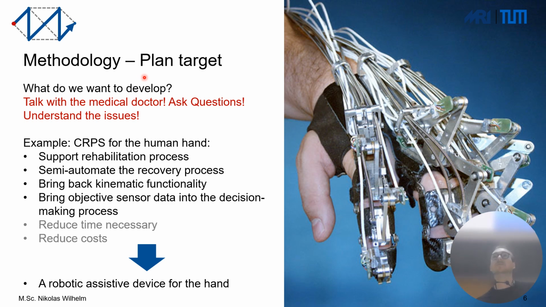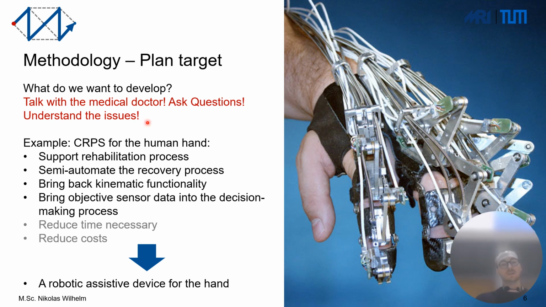If they had a bad fracture of their limb, they will need to perform some kind of rehabilitation process. What is the problem for these patients? That's one thing where I talked a lot with the medical doctors. They gave me that information and their practical experience. I was asking them a lot of questions at that stage to really try to understand the issue.